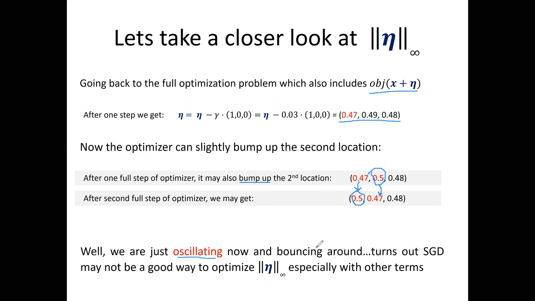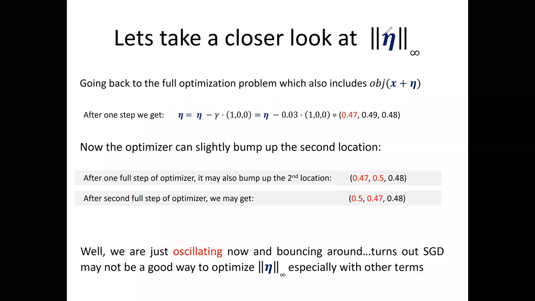It may not be so great to minimize this L infinity norm, especially when there are other terms in the loss function. If you try it in practice, you can observe this. I hope you get the intuition for why gradient descent may struggle with minimizing the L infinity norm, especially when there are other terms like these opt functions, whichever we pick from our choices.